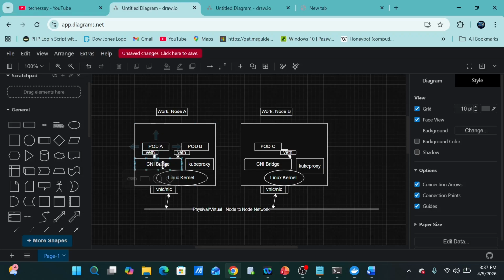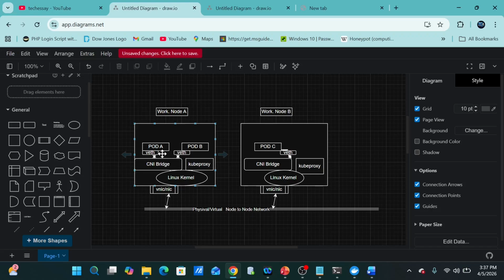Right now pod A is freely communicating with pod B on any port or by using any service. But when we implement the policies, then communication is allowed only on the allowed ports. Pod A can communicate with pod B, and pod B can communicate with pod A.